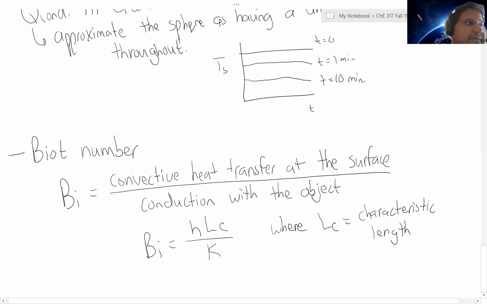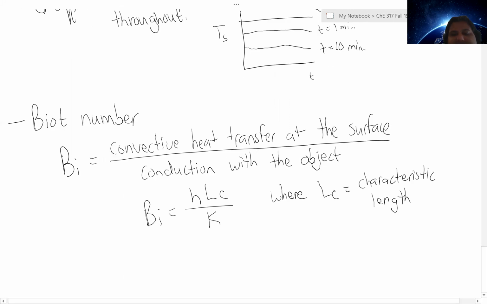For pipes, tubes, those kinds of things, it's going to be the diameter. For spheres, it's going to be the diameter. For other systems, it's going to be the volume over the surface area.